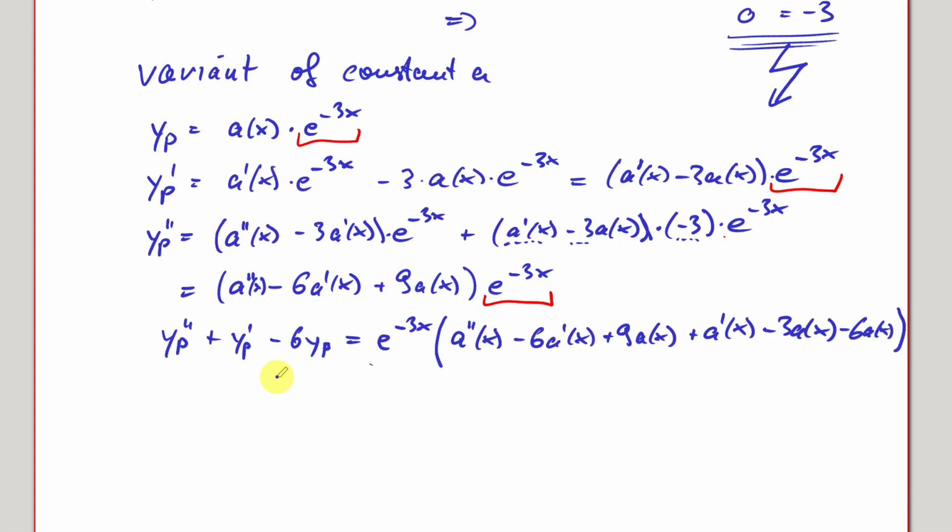That's the left-hand side of this differential equation. Let us put this together. Then we have a double prime of x, and we have minus 6a prime plus a prime, so in sum minus 5a prime of x, and we have 9a of x minus 3a of x minus 6a of x, so there's no a of x.